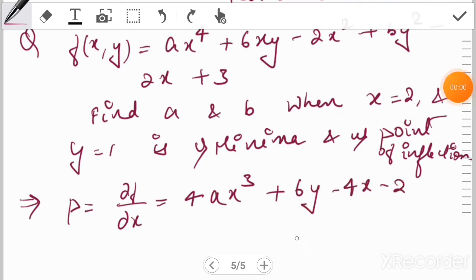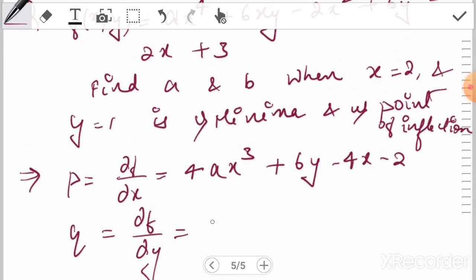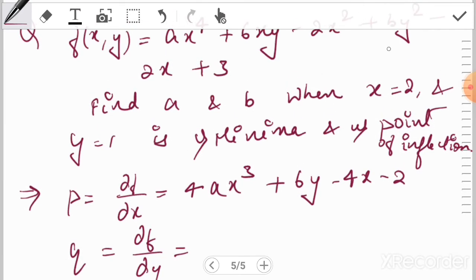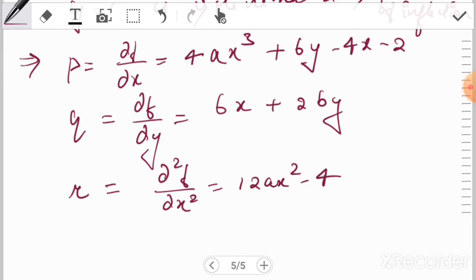Now find q, assuming x as constant, del f by del y, which is 6x plus 2by. Now find out the second order partial derivatives. So del square f by del x square is 12ax square minus 4.